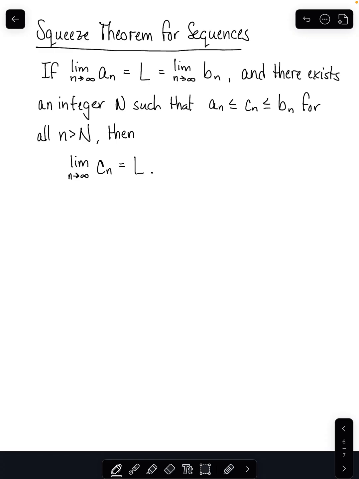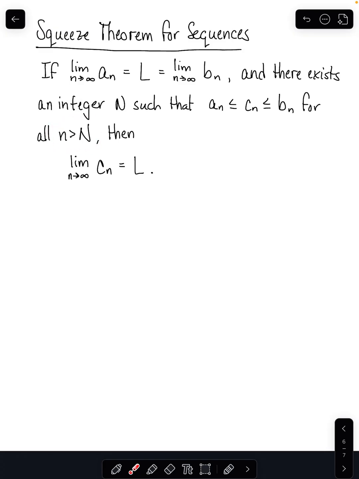So this big N is meant to say that at the beginning, this rule may not hold, but at some point, the rule has to take over that every term of the sequence C has to be between the corresponding terms of the sequences A and B. So eventually, that's what this "for n greater than big N" means.